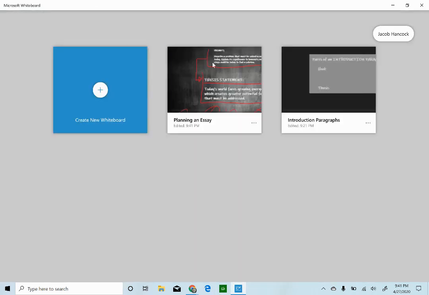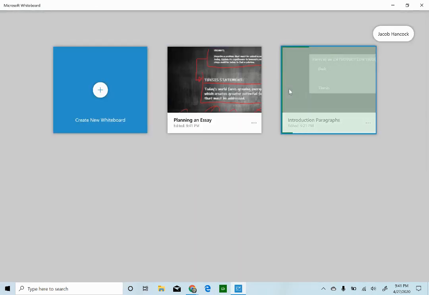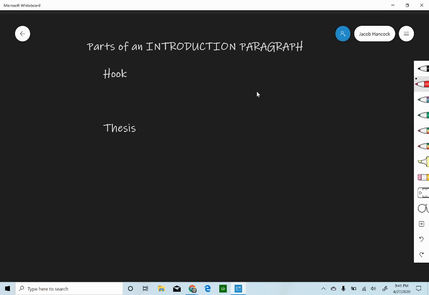In an introduction paragraph, there are two things. Sometimes I teach three. I wanted to stick with two for you guys. There's the hook and there's the thesis, right? In an introduction paragraph, we've got to have the hook and we've got to have a thesis. Now, what I sometimes teach is you can build a little background on your topic into it, and I'll be doing that in these examples we go over.